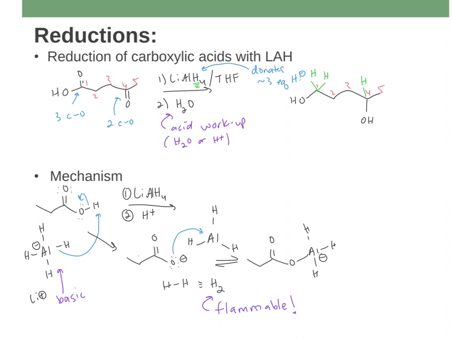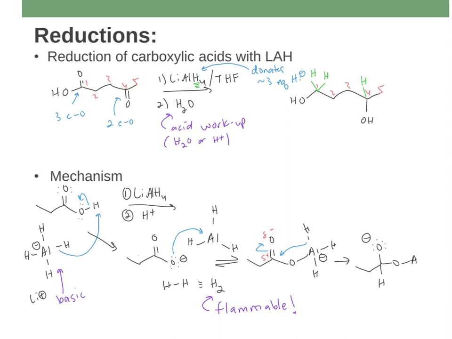And so now it's going to spit out that second hydride to the carbonyl that we have, partial negative, partial positive. We're going to spit that hydride out, and I'll just draw it from here so that it attacks your carbonyl. So we've added a hydride.